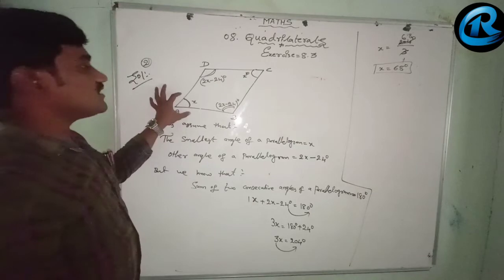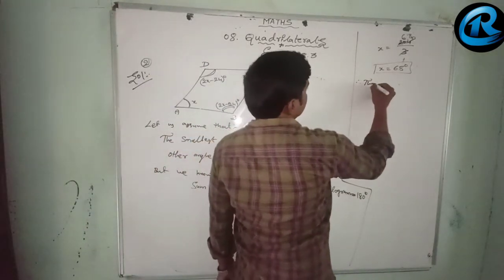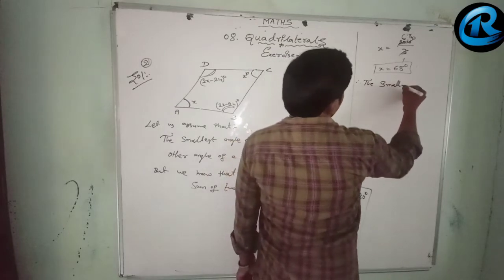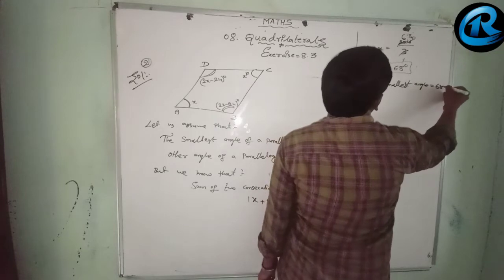That means the smallest angle is equal to 68 degrees.